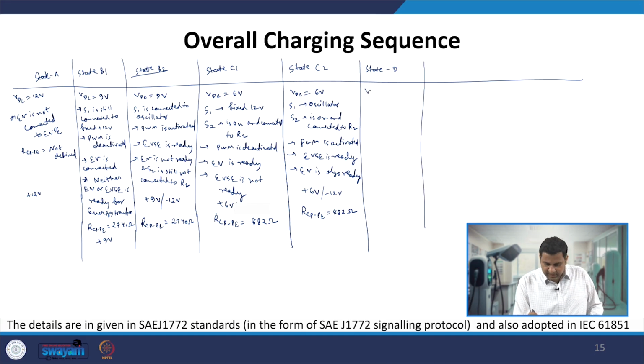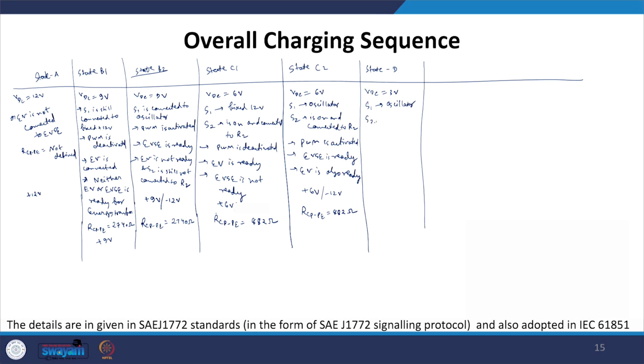Then comes your state D, where our VDC is nothing but 3 volt, our S1 is connected to oscillator, S2 is actually connected to 270 ohm, or you can say S2 is off and there could be another switch which is connected to 270 ohm, we have represented it that way.